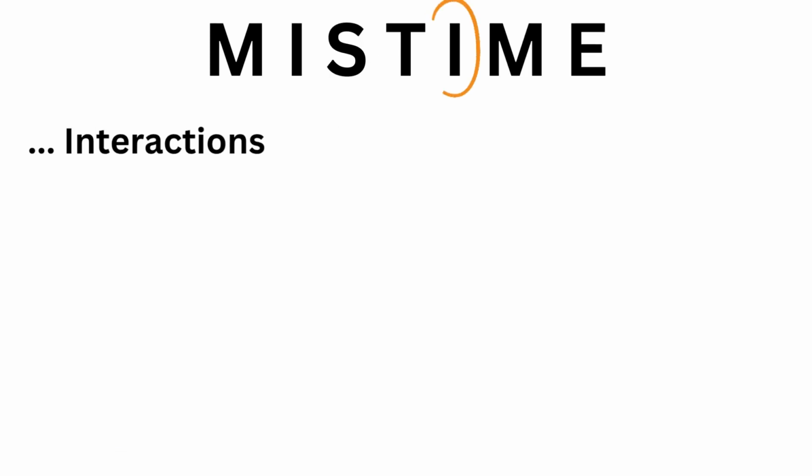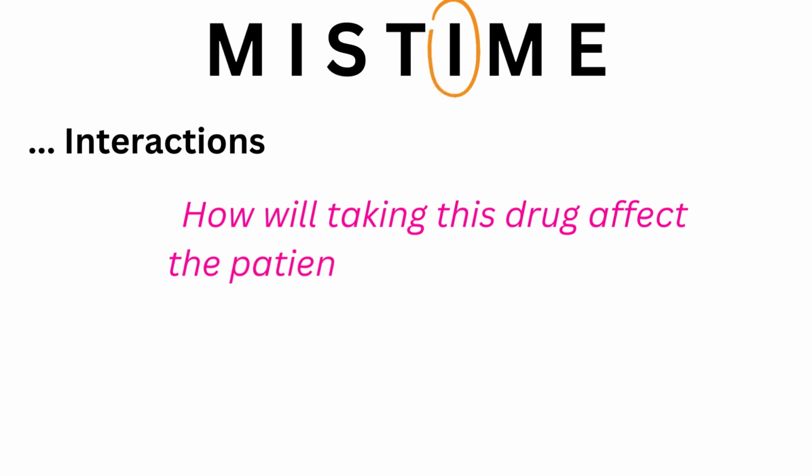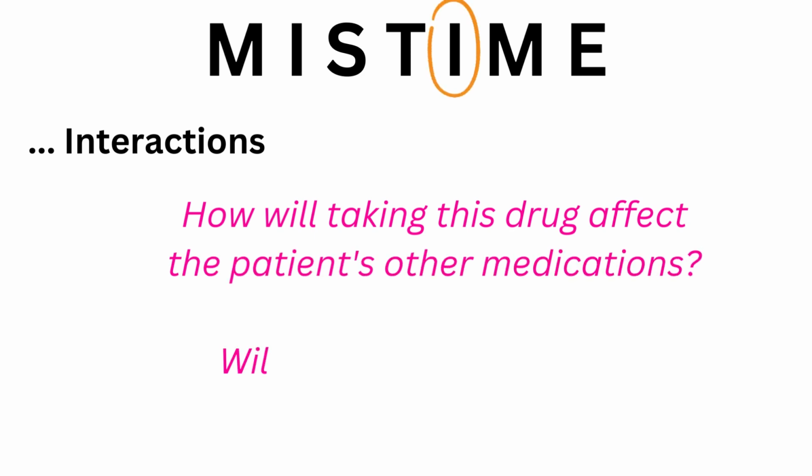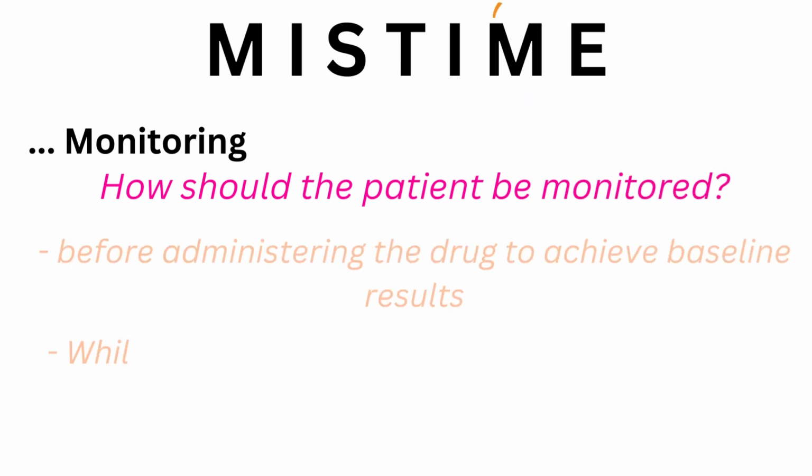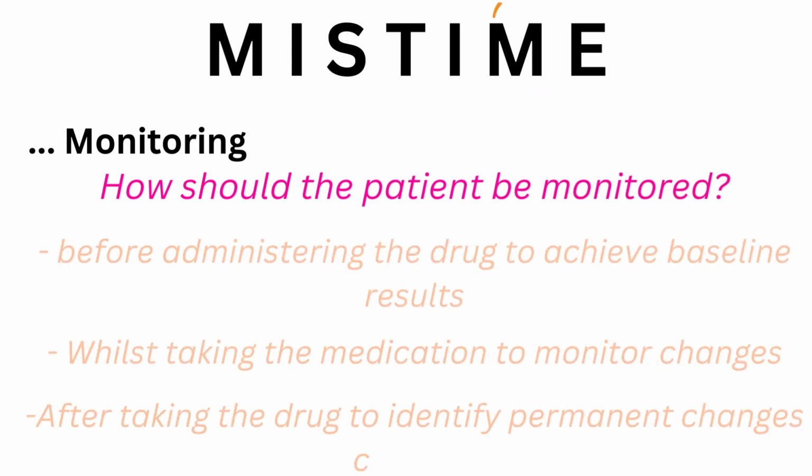The I means interactions that this drug will have with other drugs, and thus any changes you may need to make with their medications. The M stands for monitoring of the drug. For example, are there any tests that the patient should take before, during, or after administering the medication?